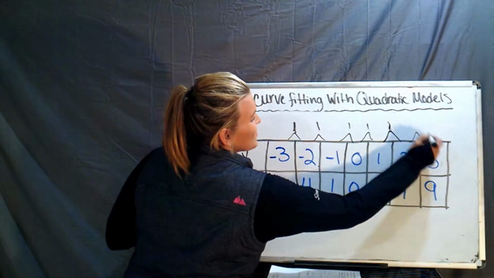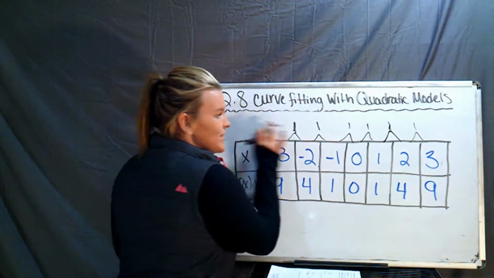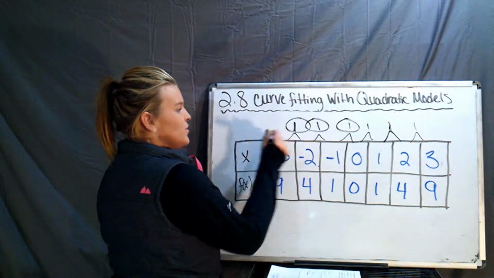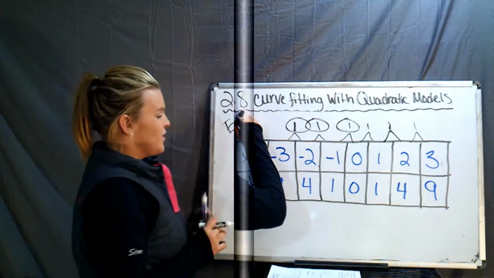And 2 and 3, difference of 1. Since all of these are constant, this shows equally spaced x values.